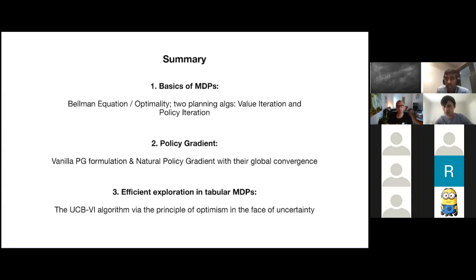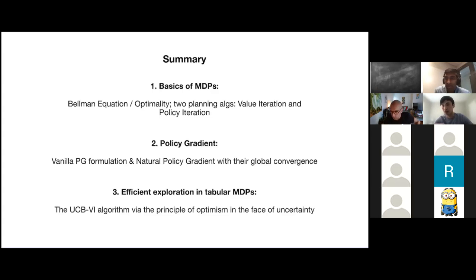Thanks, Wen. So there are some questions that I've been trying to answer to the best of my knowledge. Maybe one question that came up is whether NPG is a first or second order method. Wouter is asking, is it the same as Newton's method? I don't think so, because we never really use the second order information about our objective function.